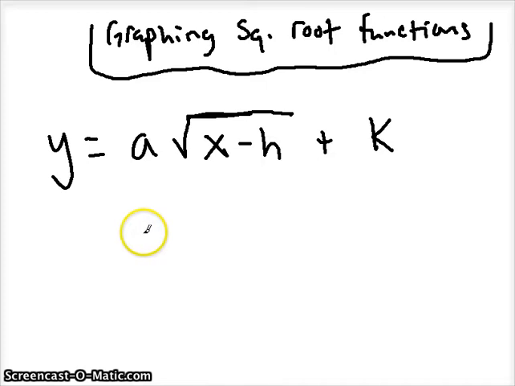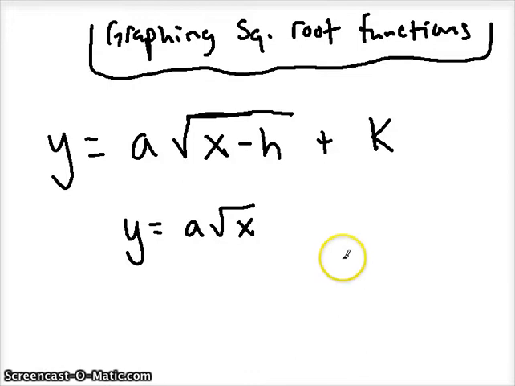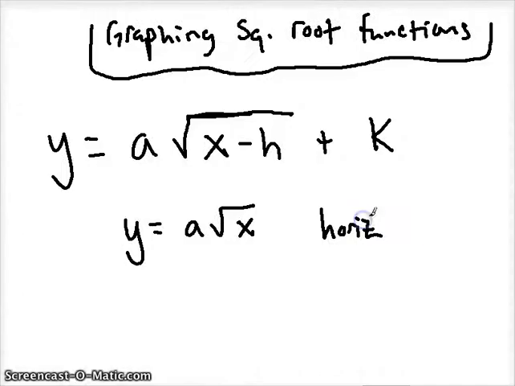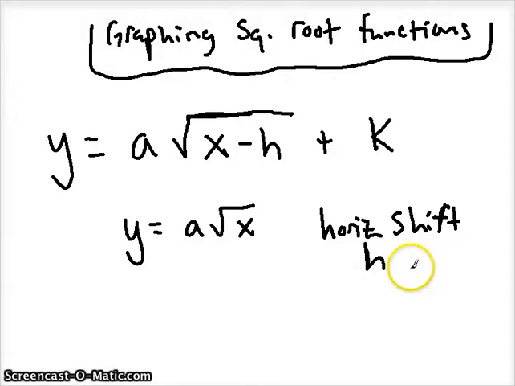So if we graph just the basic function, we can then shift that graph horizontally by whatever value is h. So h is our horizontal shift.